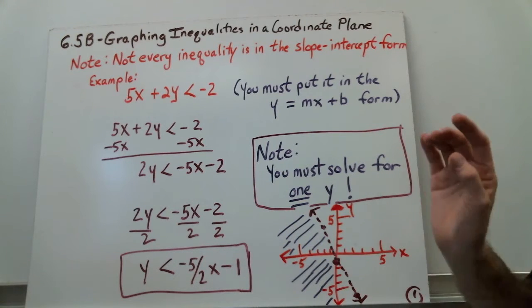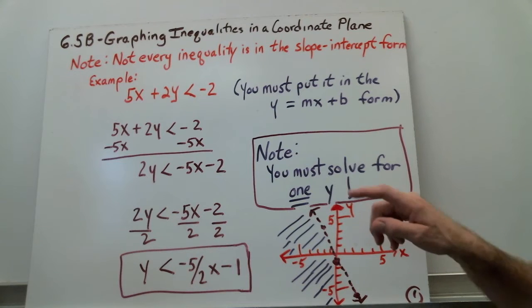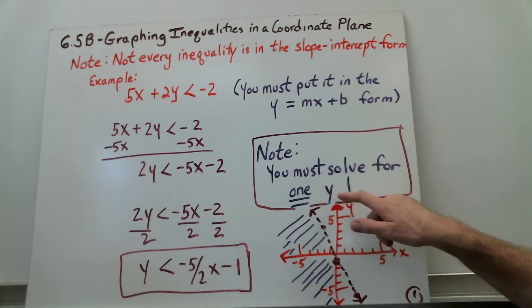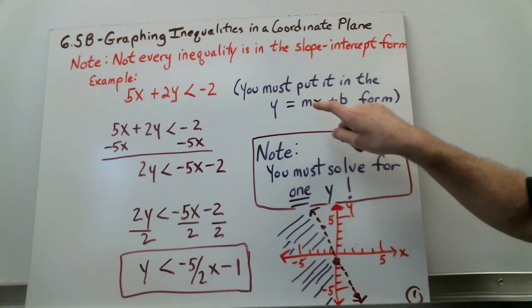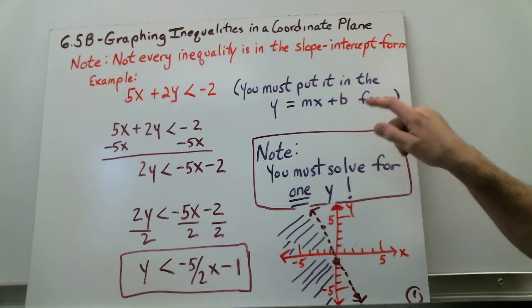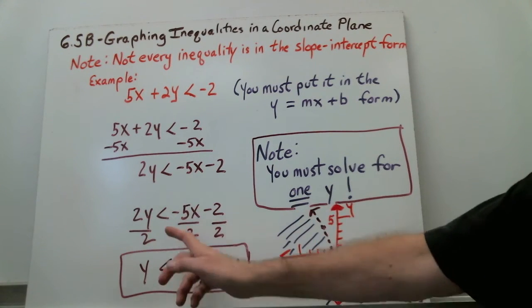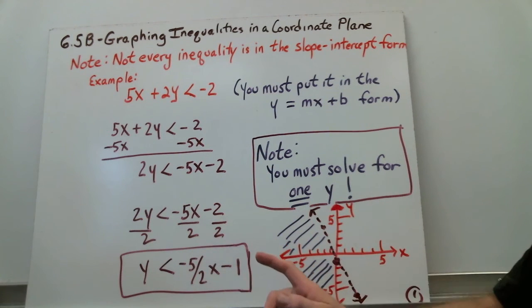Now you might say that is in the slope-intercept form, but it's not, because it is important to note that you must solve for only one y, because slope-intercept, remember, is y equals mx plus b. So we're going to get rid of this 2. We're going to isolate the variable y by dividing by 2 throughout the inequality.